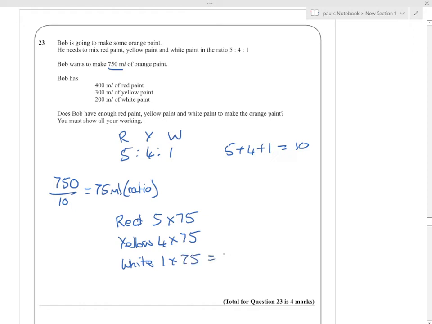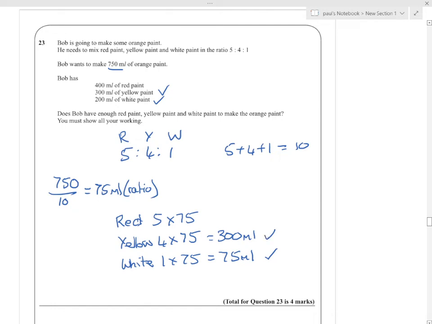I can do that bit, 75. 75 mils of white. Has he got enough? Yes. Okay, what's the other ones? 4 times 75 is 300. So he needs 300 of yellow. Has he got enough for the yellow? Oh, yes. No, the red is going to be the killer, isn't it?